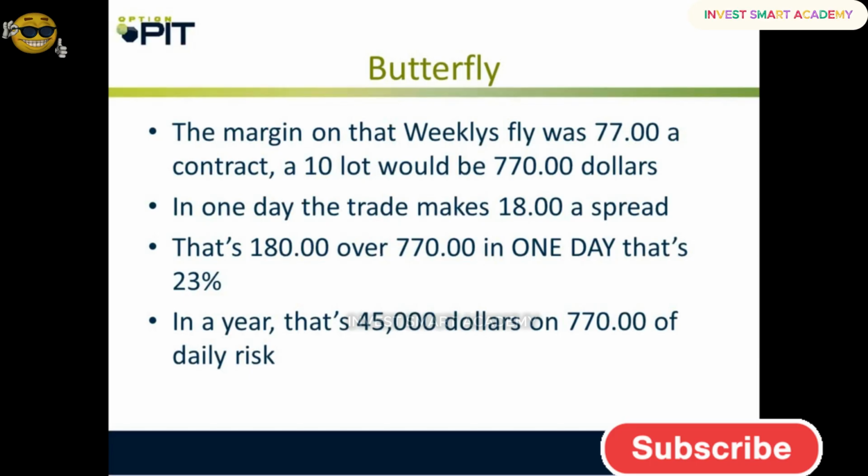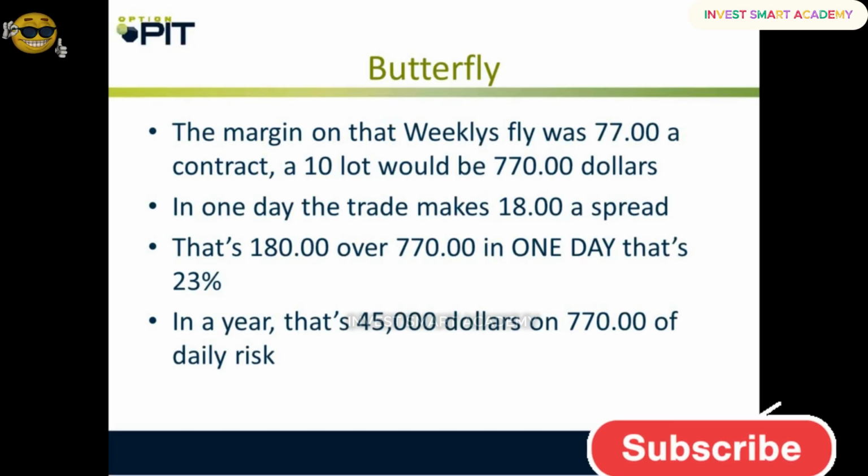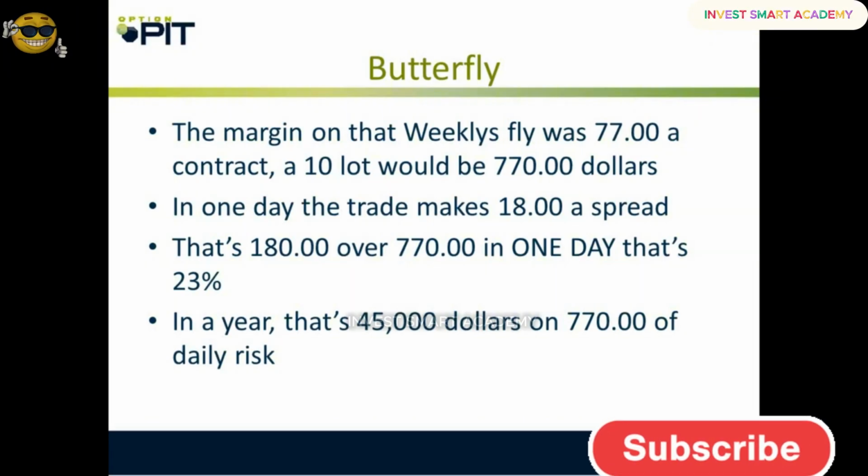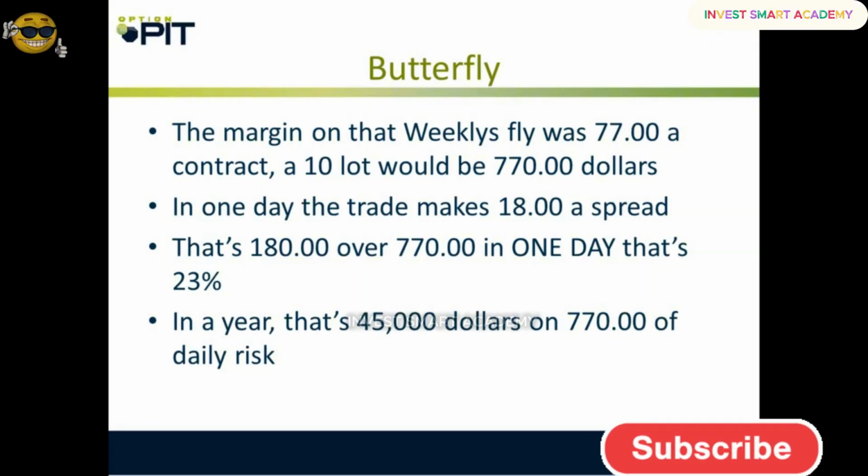On 18 bucks, the most that in and out should cost you in total is like 48 bucks. If that costs you more than $48, then you are paying too much. And that's on a 10 lot.